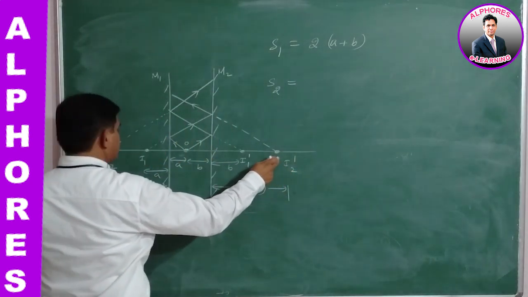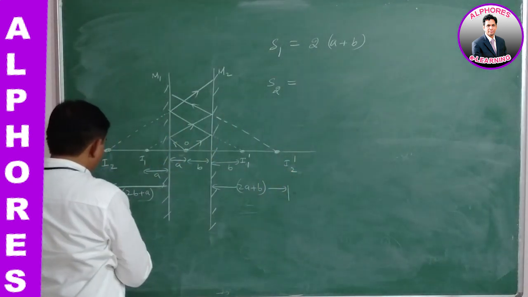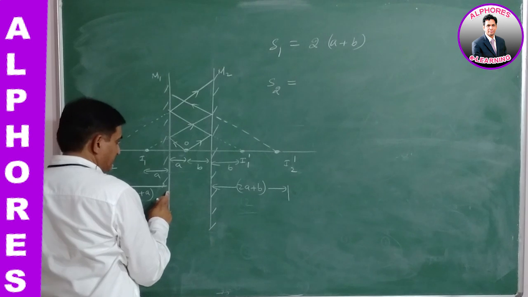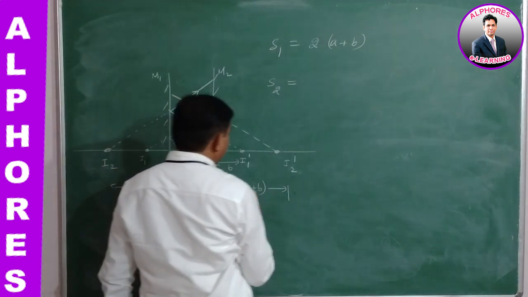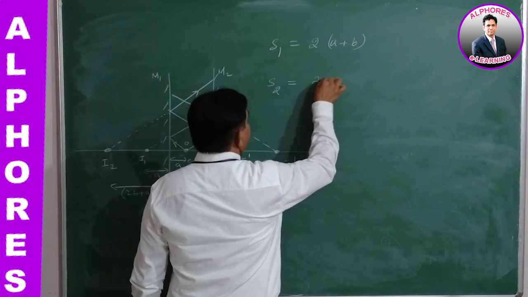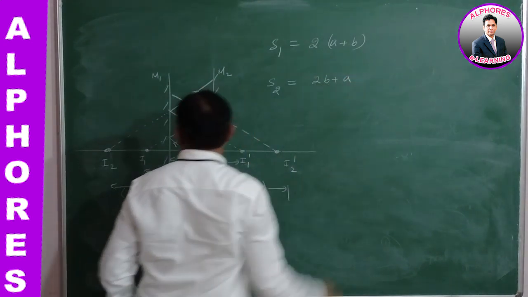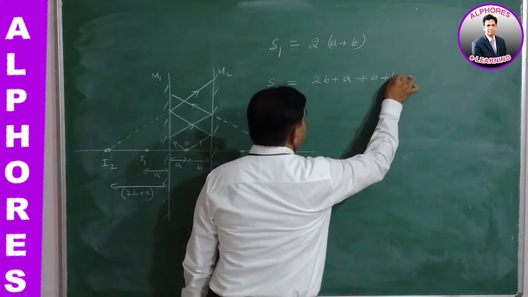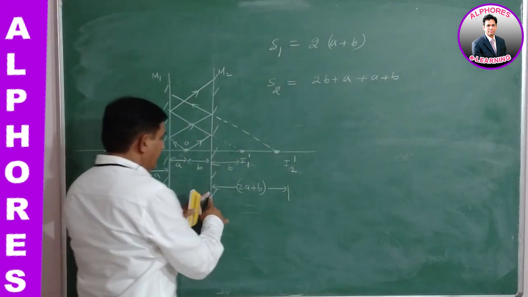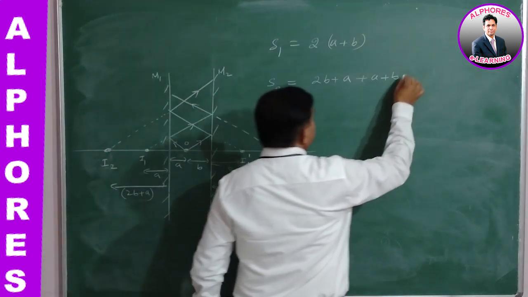Second order images separation is from here to here, 2B plus A and A plus B and 2A plus B, 2B plus A plus B, this part, and again 2A plus B.